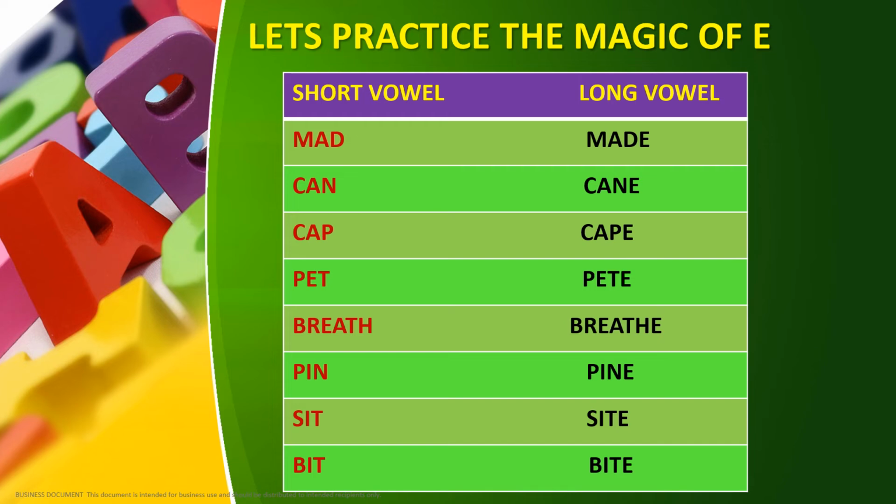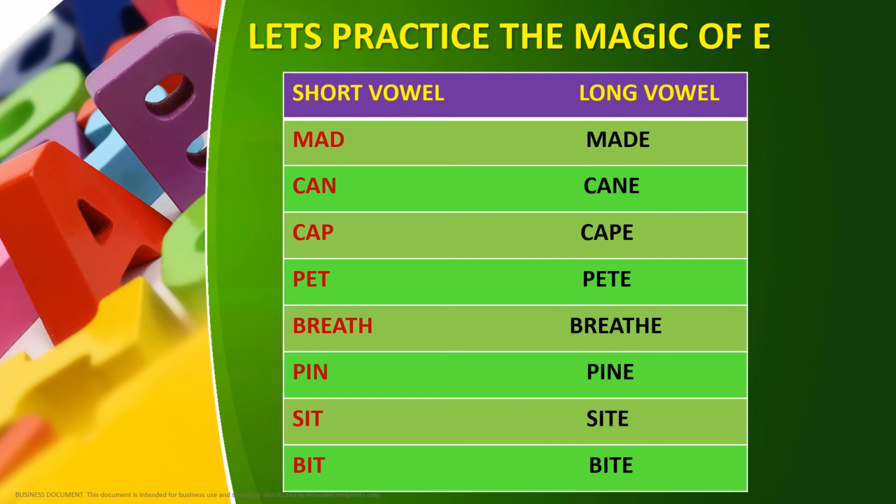Similarly, can becomes cane. Cap becomes cape. Pet. So pet is a short vowel sound, pet, because E is not sounding as E. E is sounding as E. So pet becomes peat by adding a silent E at the end of the word pet.